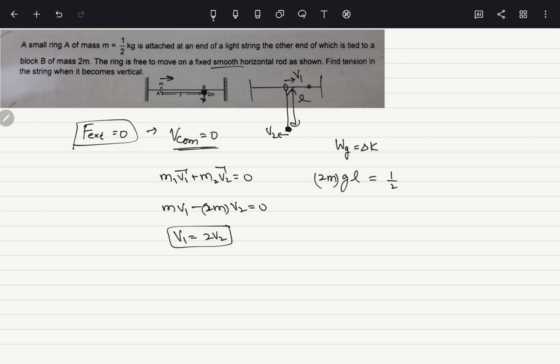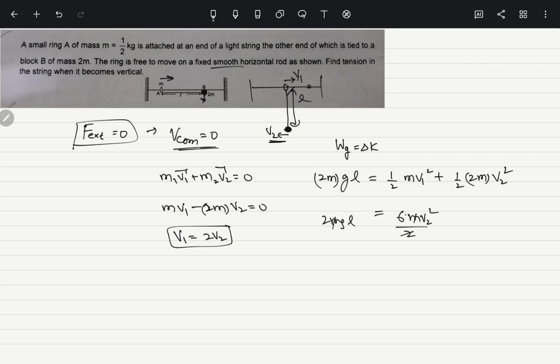This equals the change in kinetic energy. When it comes here, the block has velocity and the ring has velocity, so both have kinetic energies: half m v1 squared, the kinetic energy of the ring, plus half into 2m into v2 squared, the kinetic energy of the block. We put v1 equal to 2v2 here, so we get 4v2 squared, plus 2v2 squared, so this is 6m v2 squared by 2, and on the left-hand side we have 2mgL.